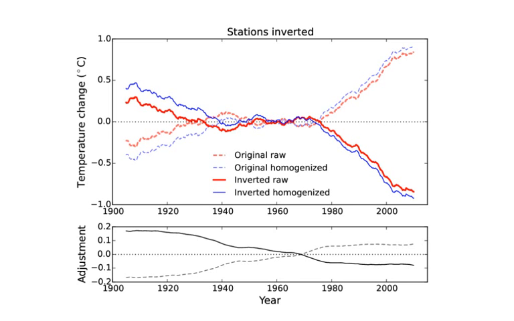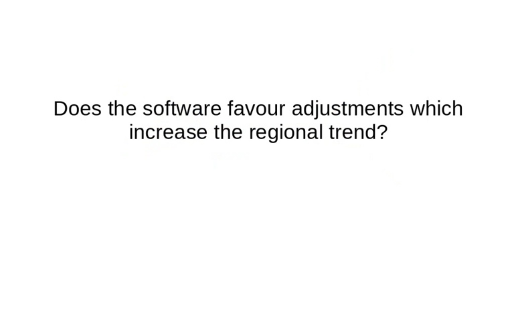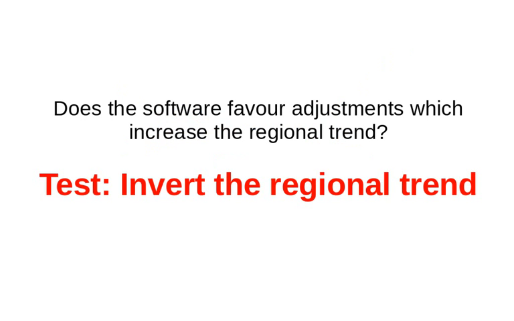But maybe the bias is more subtle. Perhaps the algorithm tends to amplify any trend in the data, whatever the direction. We can test for this by inverting the trend for each station while preserving the month-on-month variation. If the GHCN method amplifies trends, then it will amplify the cooling trend in the modified data.